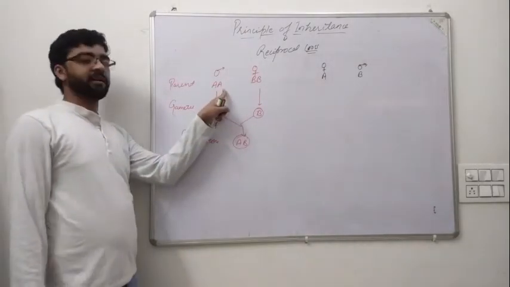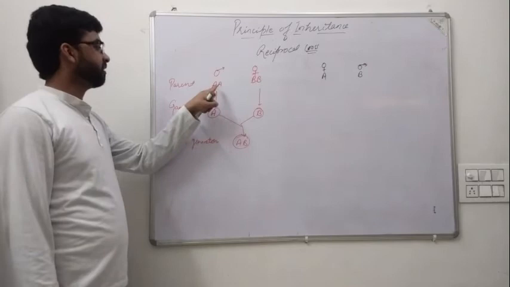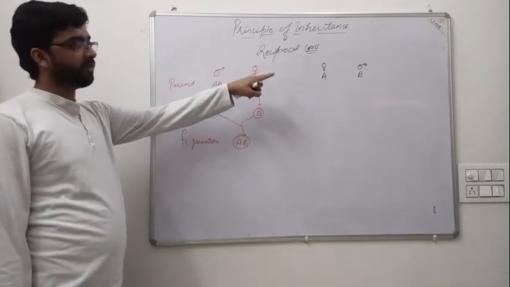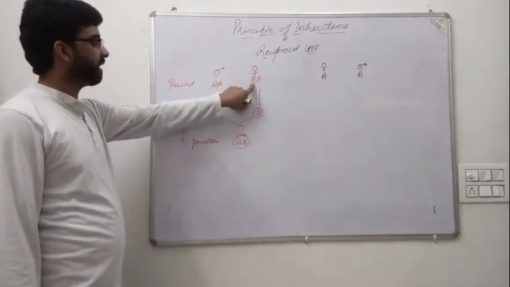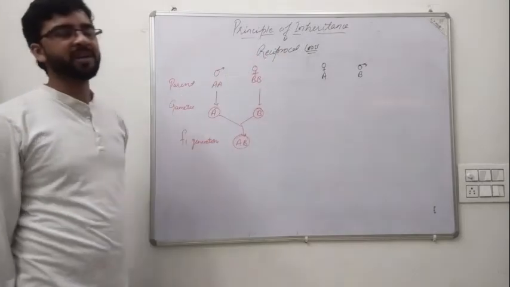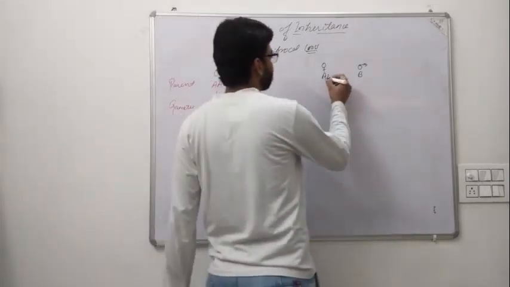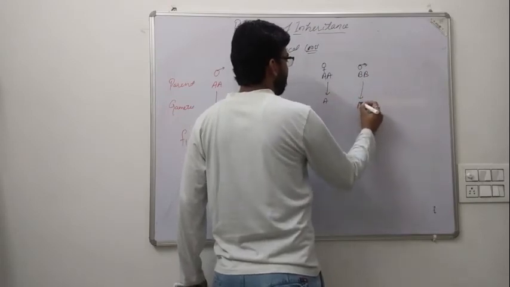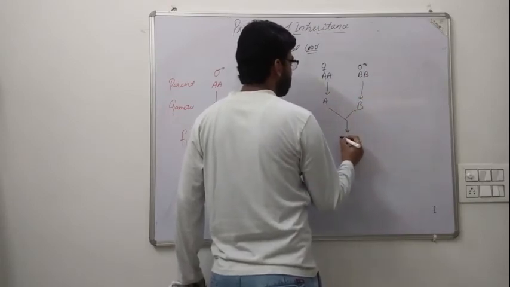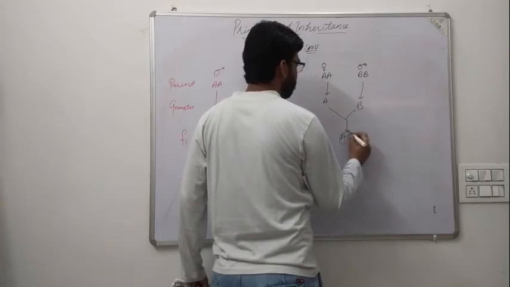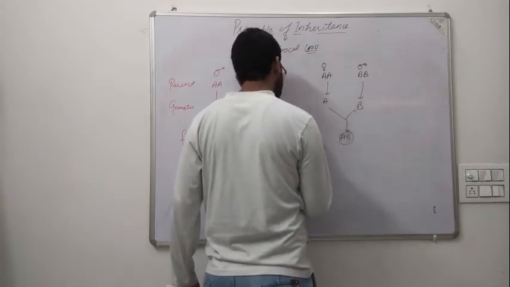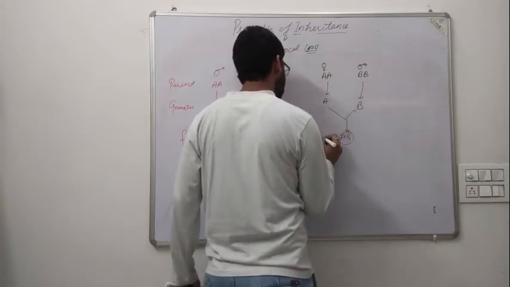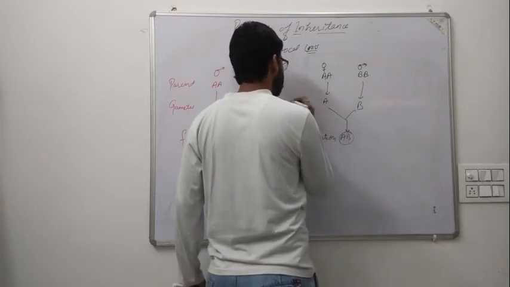Here we have A as a male and A as a female, and B as a female and B as a male. We make these gametes, cross them, and get AB, the F1 generation.